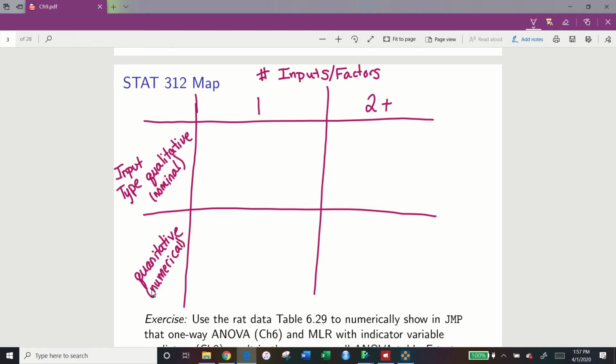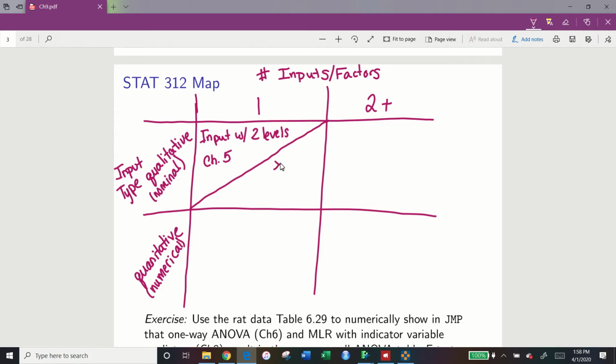To start off class, we focused on having input with 1 level when that data was qualitative. That was chapters 1 through 4, our review stuff. But when we really got into the meat of the class, we dealt with input with 2 levels that were both nominal, and that was in chapter 5.